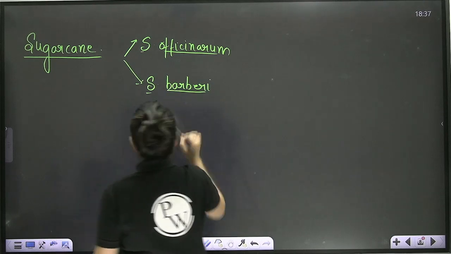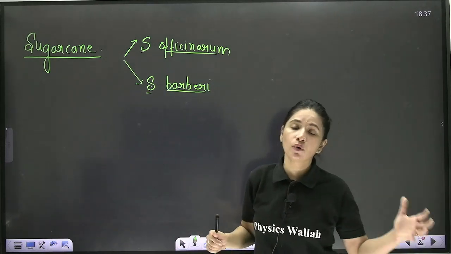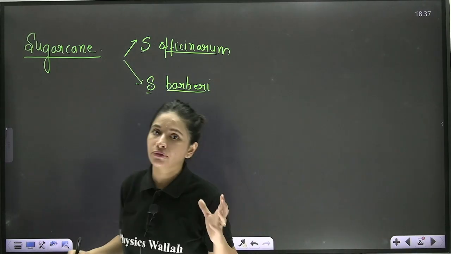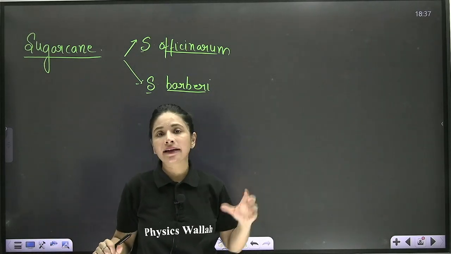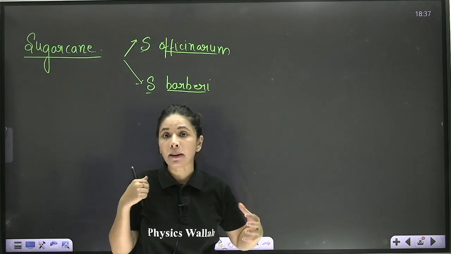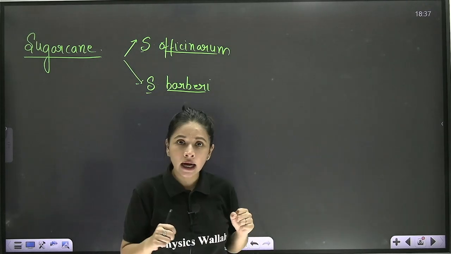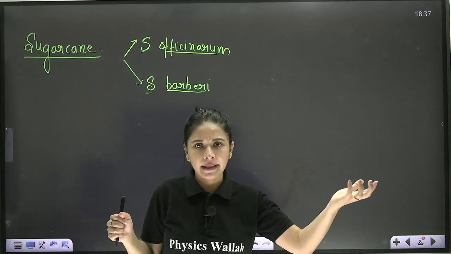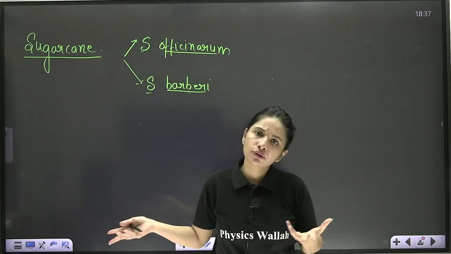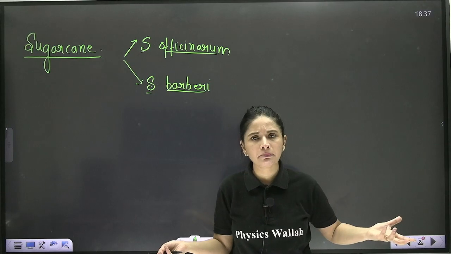Now, Saccharum barberi is well known to be grown in northern region of our country. That means northern plain. Whereas officinarum is well known to grow in southern part of our country, that is South India. So what is the trouble, ma'am? Let northern farmers grow barberi and let southern farmers grow officinarum and let both the people enjoy.